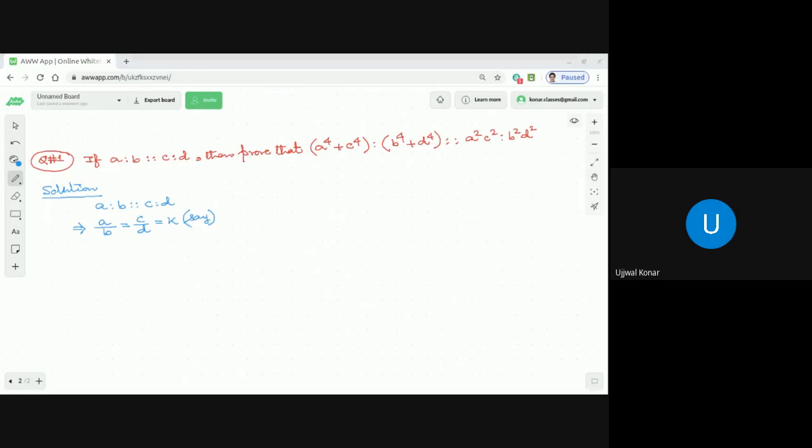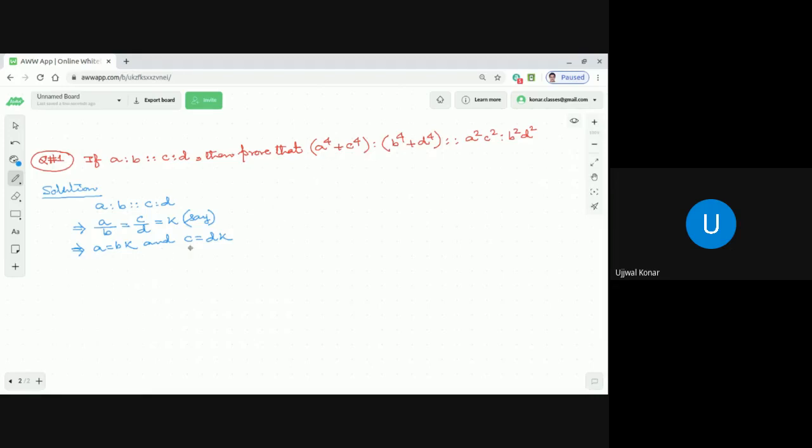Then we write that A is equal to BK, and C is equal to DK. Correct, no? A is equal to BK and C is equal to DK. So these two values are going to help us a lot to establish the proof that we need to prove.